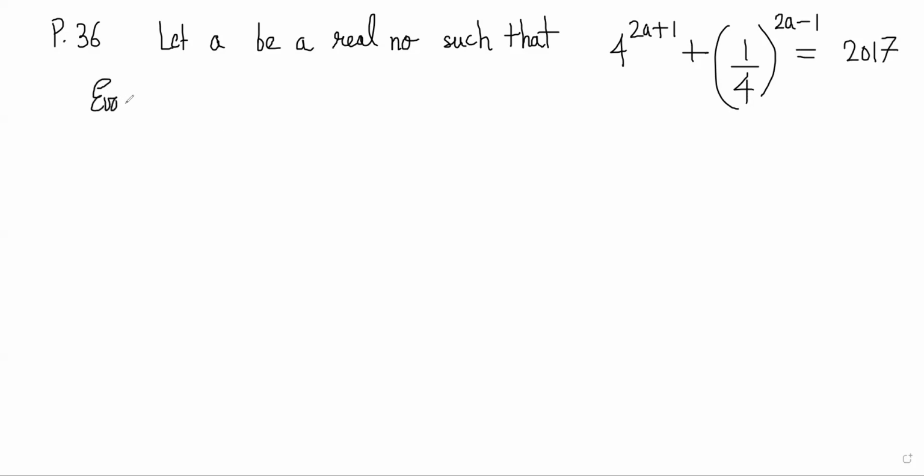We have to evaluate 2 to the power a plus 1 plus half to the power a minus 1. It's an easy problem only.